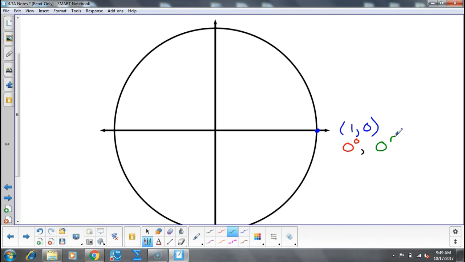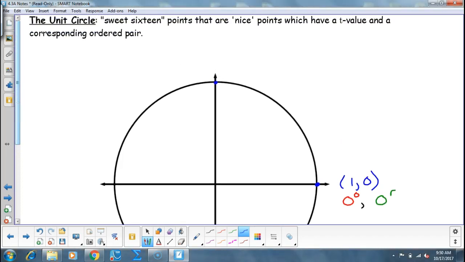So, now let's go up to here. If I go up there, that's the point 0, 1. Oh, +1. I don't know why I put -1. Oh, come on, you're a math teacher. You didn't pick up on it. Because I was waiting for you. Degree-wise, how many degrees is it? 90 degrees.